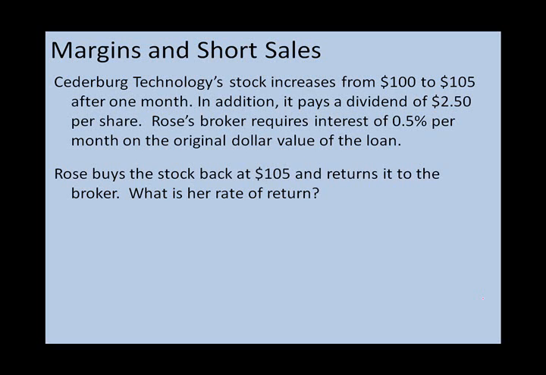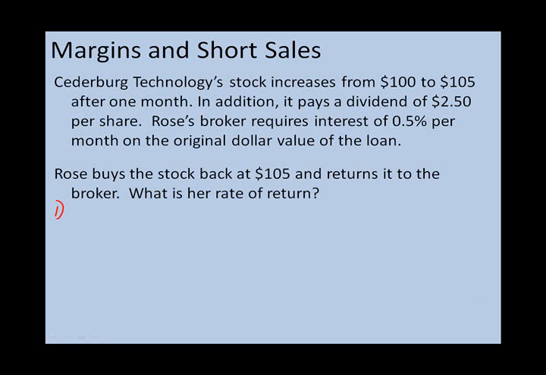In addition, Cedarburg Technology also pays a dividend of $2.50 per share. Rose's broker also requires interest of 0.5% per month on the original dollar value of the loan. After the month, Rose buys back the stock at $105 and returns it to the broker. And the question for us is, what's the rate of return?